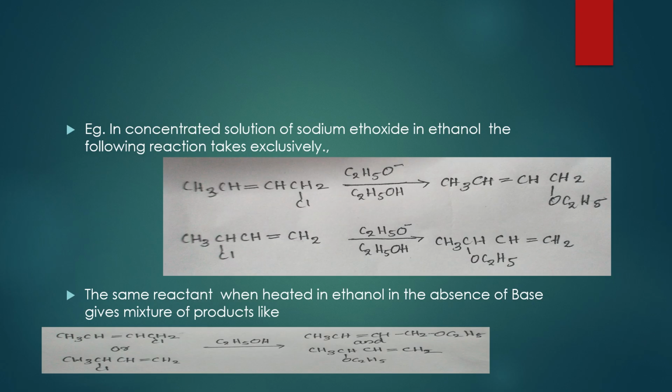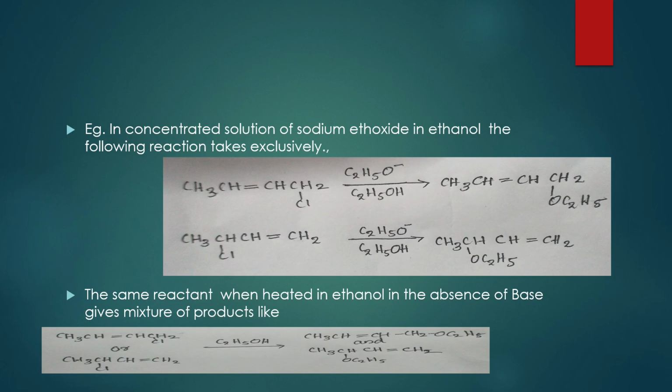Example: in a concentrated solution of sodium ethoxide in ethanol, when 1-chloro-2-butene is subjected to nucleophilic substitution, it will take up an SN2 reaction because we are taking a concentrated solution of sodium ethoxide in ethanol. The SN2 reaction depends on the concentration of both the alkyl halide and the nucleophile.